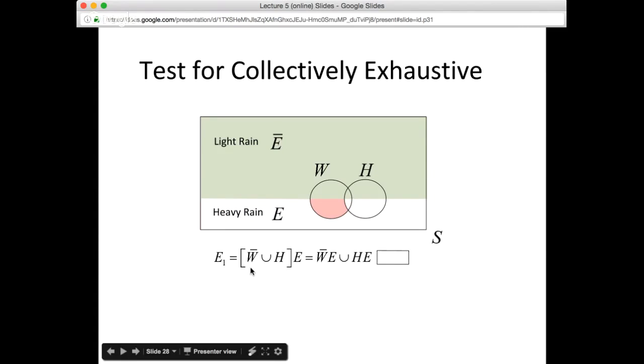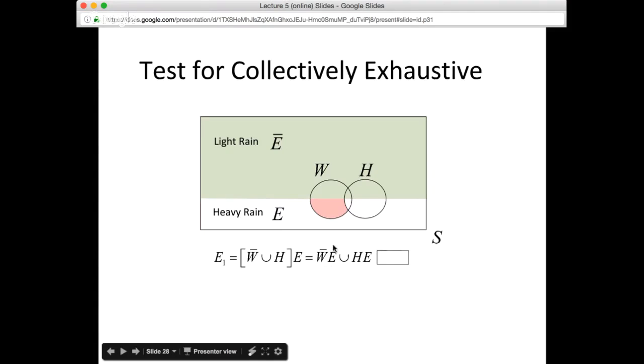Again, event 1 is going to be the intersection of this particular form of construction, either poorly compacted clay or holes in the geotextile, with a heavy rain event. And we can bring that intersection inside the parenthetical there. And so we basically have a union of these two intersections, W complement E and HE.